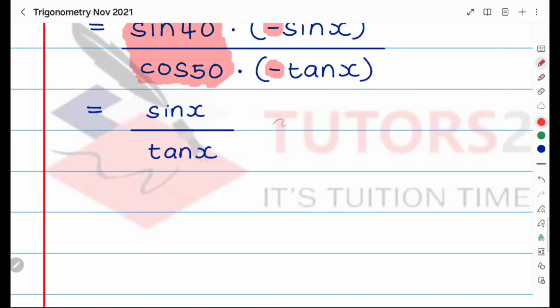We know that tan x is equal to sine x over cos x. So in place of tan x, we are going to substitute sine x over cos x.